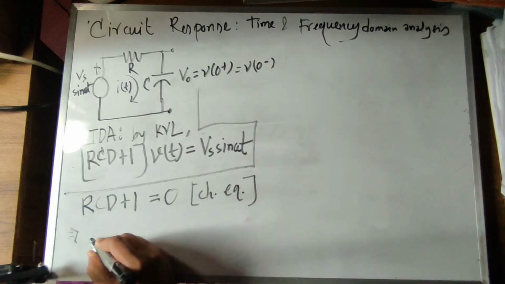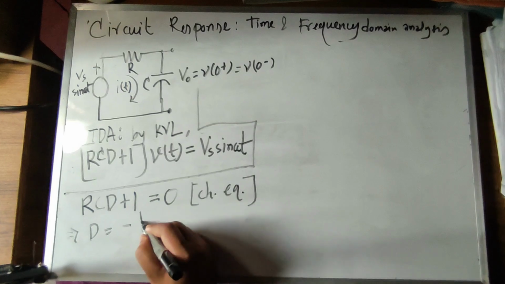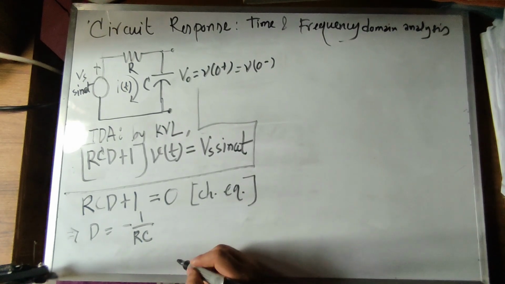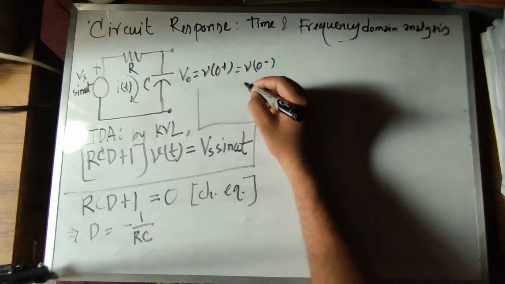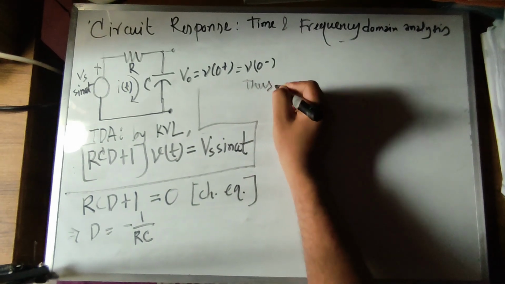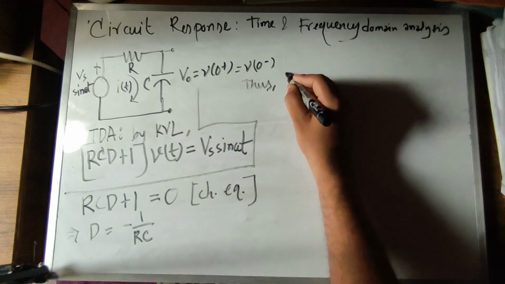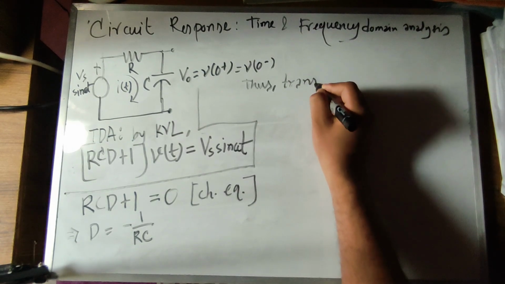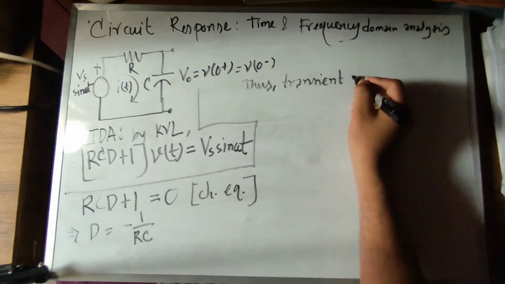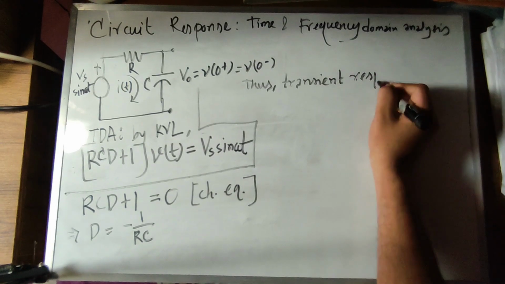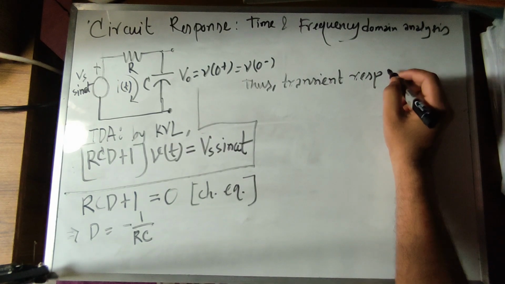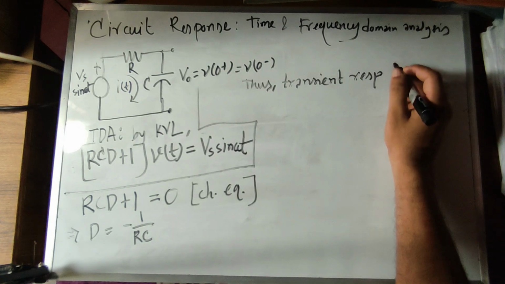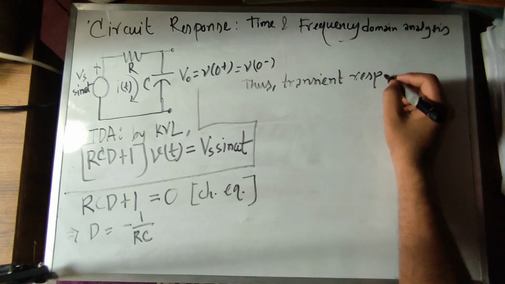So D is minus 1 by RC. Thus, the transient response. For any type of linear system, all we have to do is solve its complementary equation.